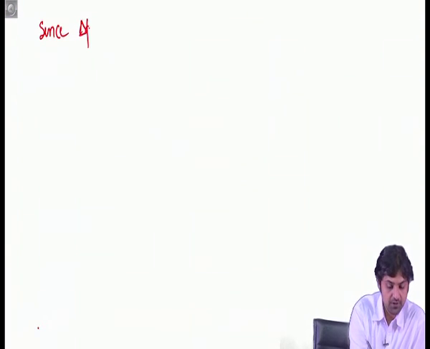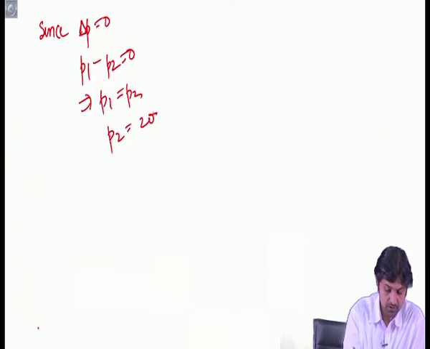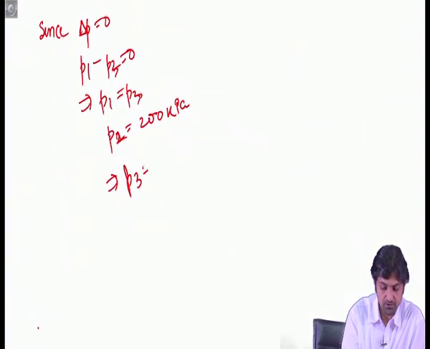Since delta P is equal to 0, P1 minus P2 is equal to 0, so P1 is equal to P2, and P2 is equal to how much? Sorry, P1 is equal to 200 kilopascal. Sorry, yes, P3. Therefore, P3 is also going to be 200 kilopascal.